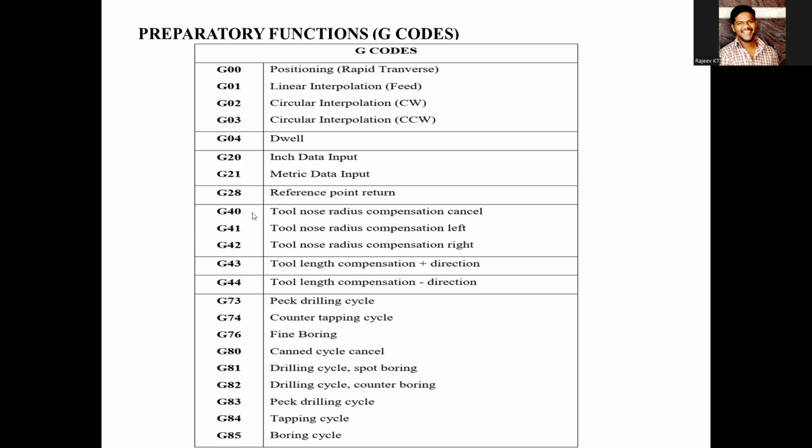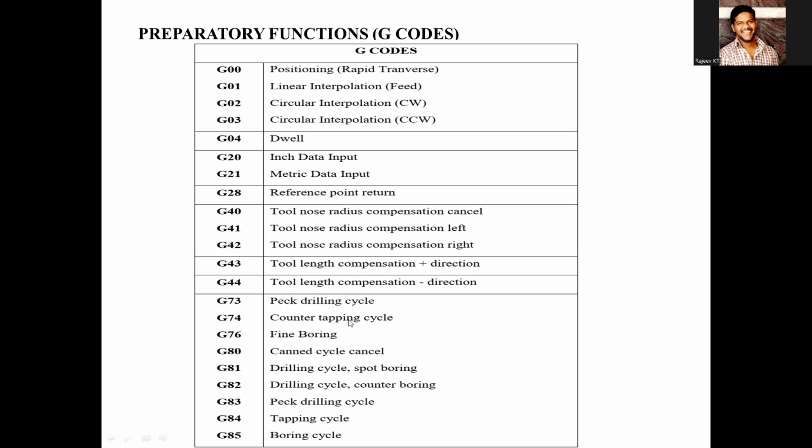Similarly, we have other codes: G40, 41, 42. Tool nose radius compensation, left and right, is taken care of by these. Similarly, tool length compensation is taken care of by G43 and G44. After these, we come across drilling cycles, G73, G74. One is peck drilling, another is counter tapping.